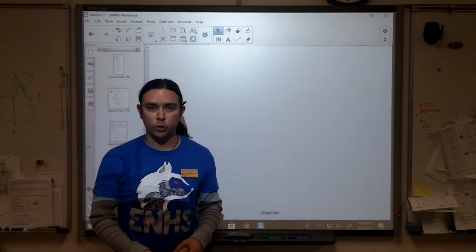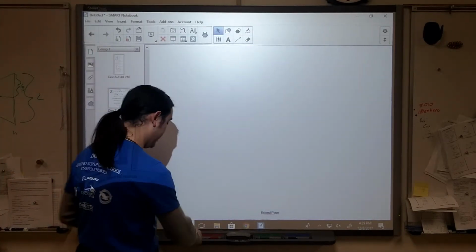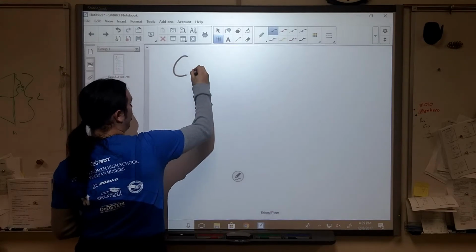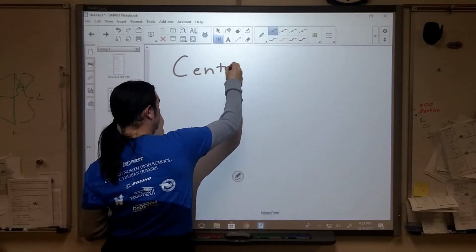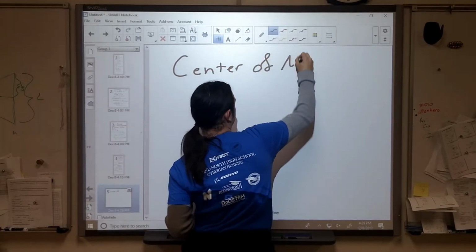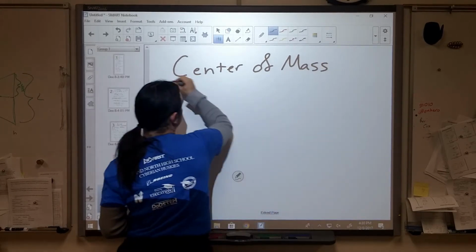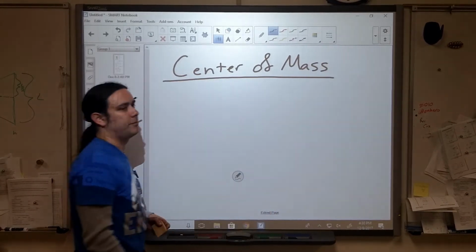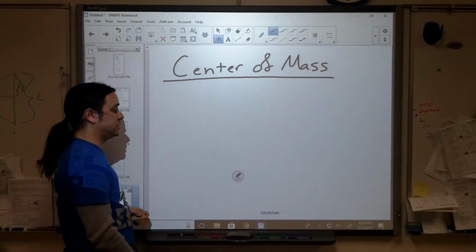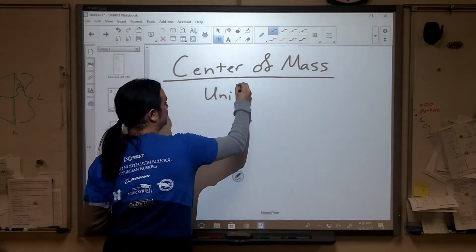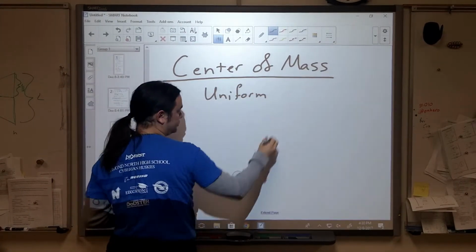Okay, so we're going to take a look at something that we've looked at in class for APC, center of mass. Specifically, we're going to find the center of mass of a continuous and uniform object.